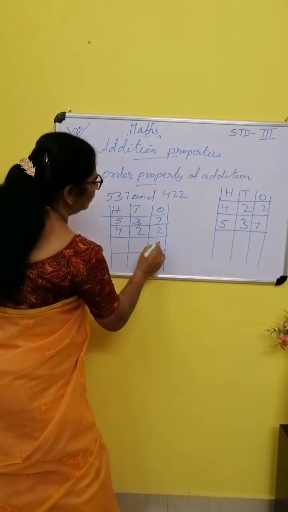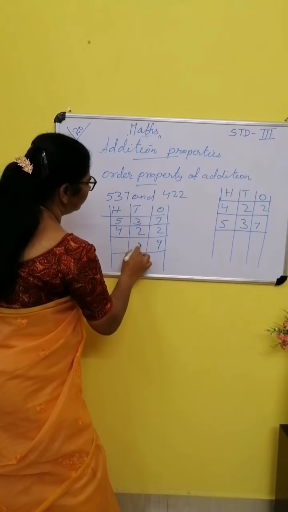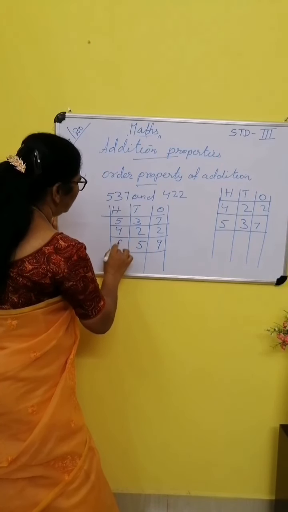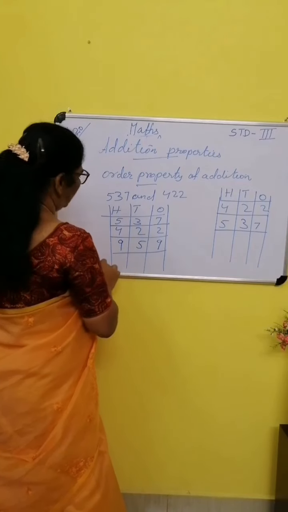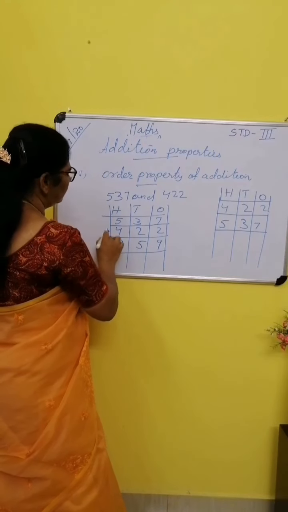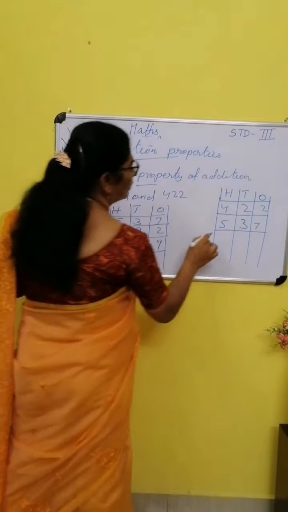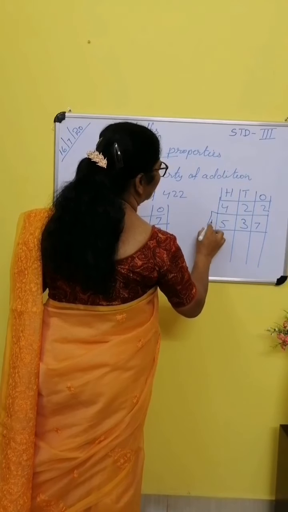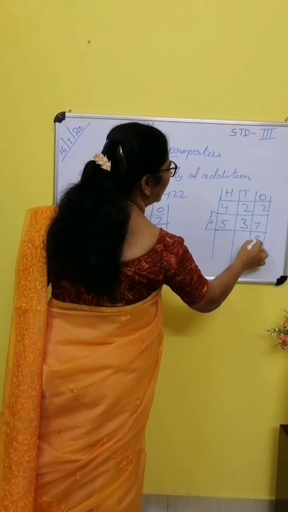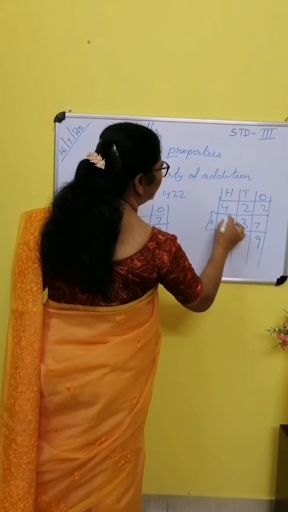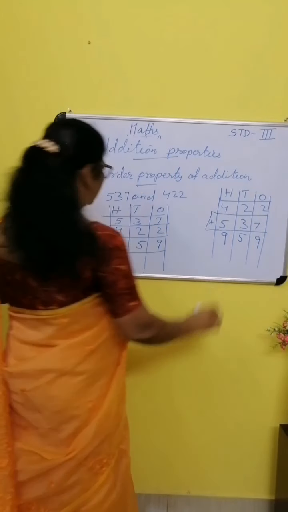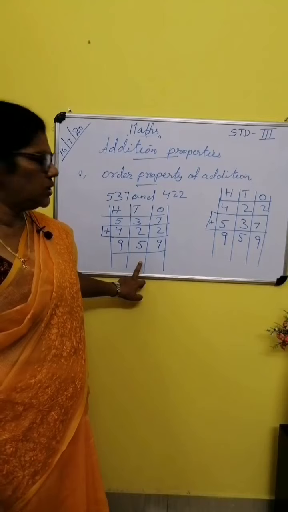See, 7 plus 2, 9. 3 plus 2, 5. 5 plus 4, 9. Here, 7 plus 2, 9. 3 plus 2, 5. 4 plus 5, 9. See, the answer is the same now.